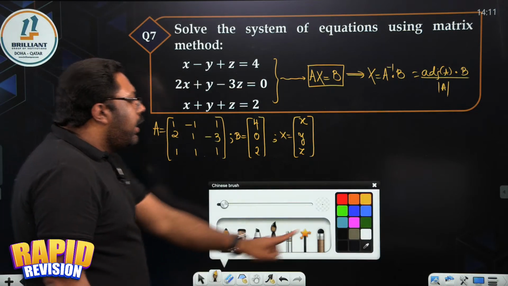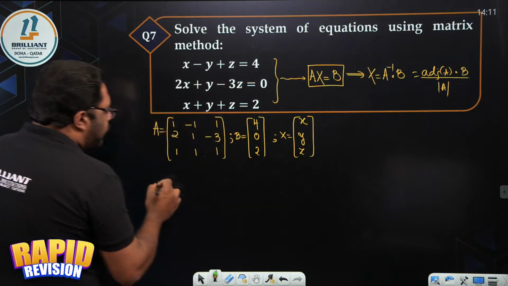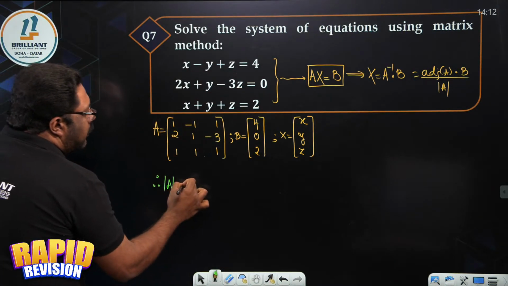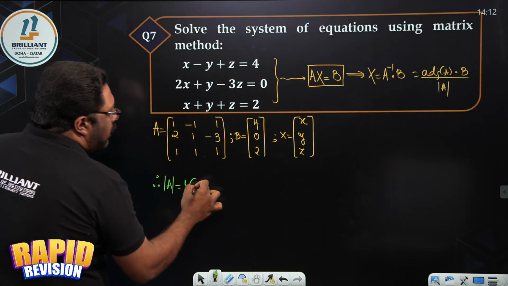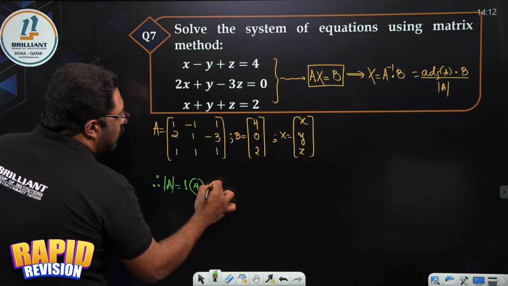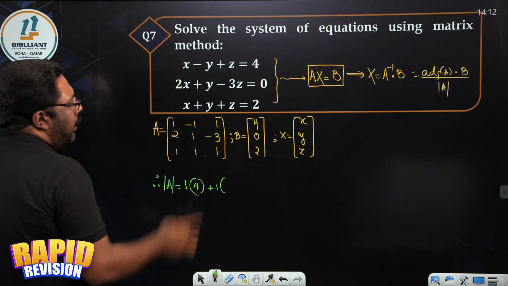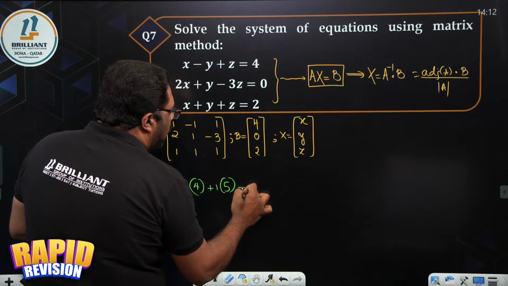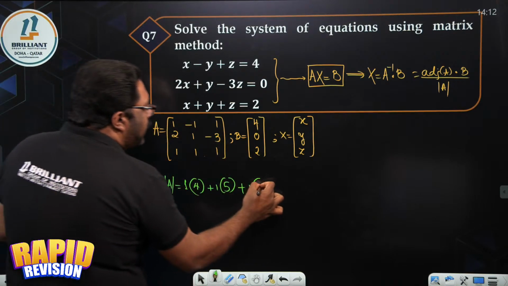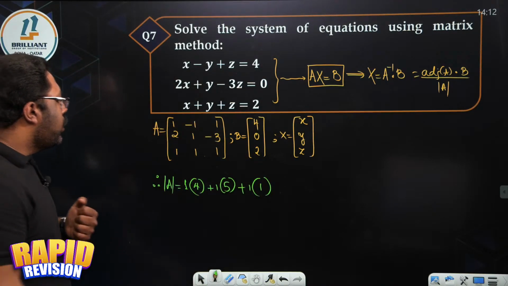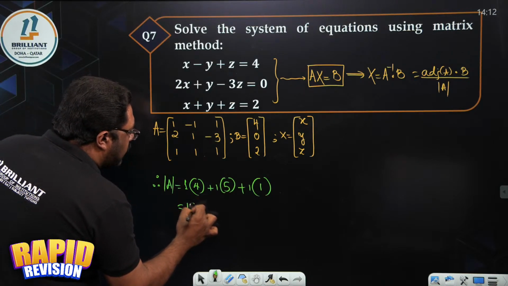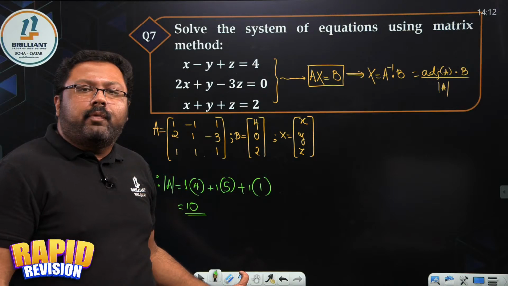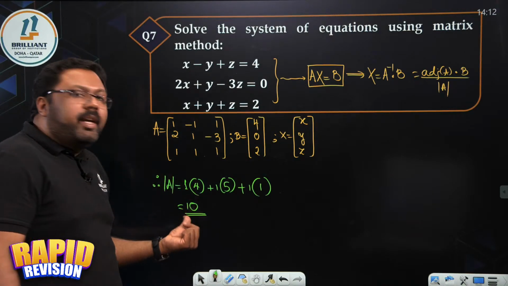So first of all, let me find the determinant. What is the determinant of A? 1 with 4. Again 1 with 5. Again 1 with 1. So the determinant of A is 10. What is the determinant of A, all of you? 10.